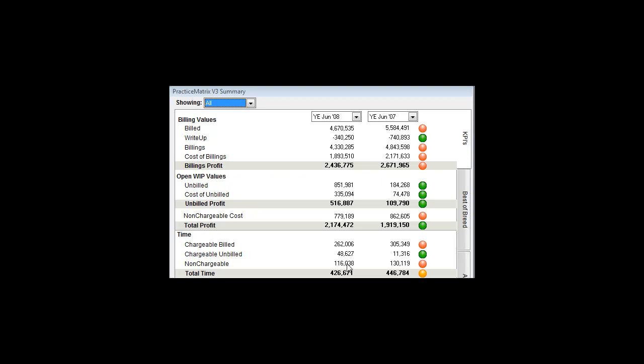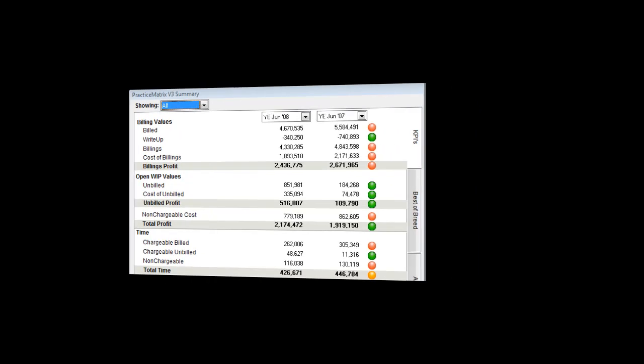Our non-chargeable units have in fact improved as well. So we need to be able to identify what are the key drivers to reduce revenue, reduce profitability, and obviously the way that we optimize our realization and productivity rates.